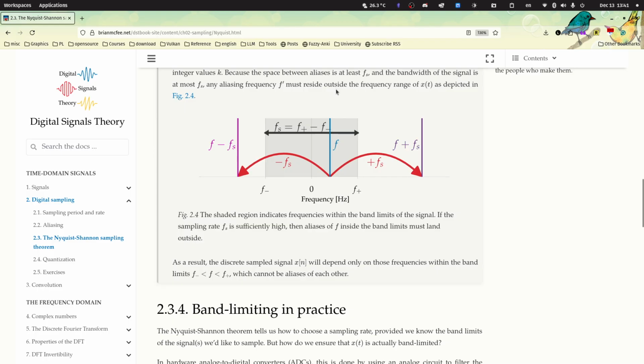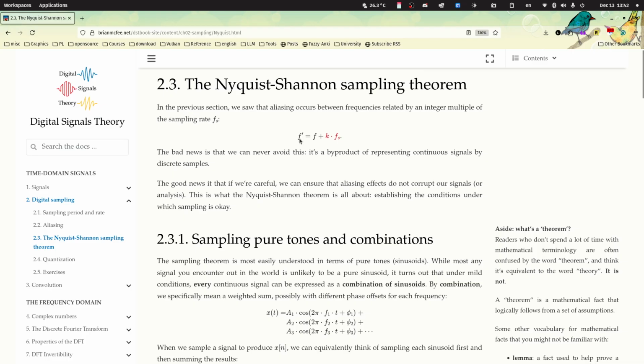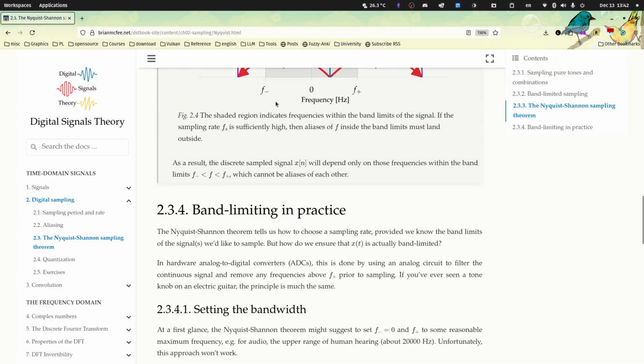I don't know whether this book will ever touch non-uniform samples, but in graphics we almost exclusively deal with non-uniform samples. Not exclusively, we still sometimes do uniform on a grid, but a lot of the time it's non-uniform.